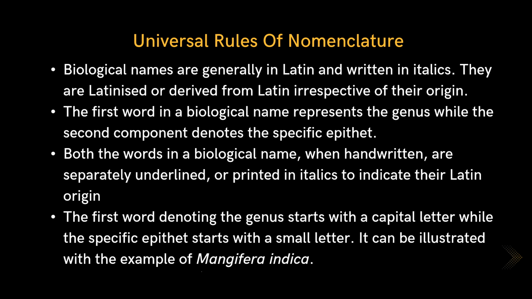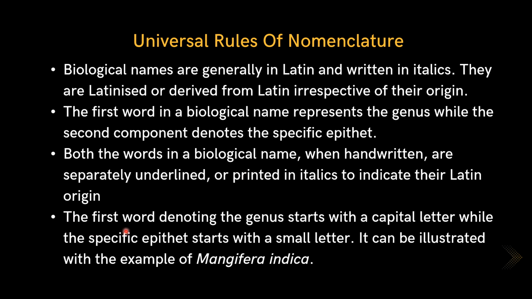Like it's written Mangifera, underline this and underline this. Okay, so they are underlined separately when they are handwritten, and they are printed in italics. Printed in italics means whenever they are printed in books or in any research paper, it is printed in italics.